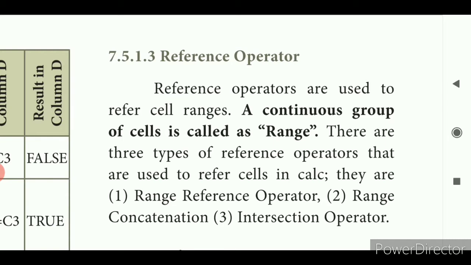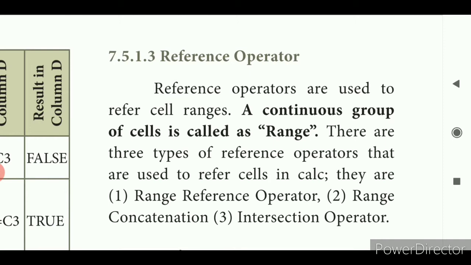But the reference operator uses a range of cells, more than one cell. In arithmetic operators we use only one cell, B3 is one cell, C3 is one cell. But if you want to refer to more than one cell, that is a range of cells, you have to use the reference operator. So reference operators are used to refer to cell ranges.